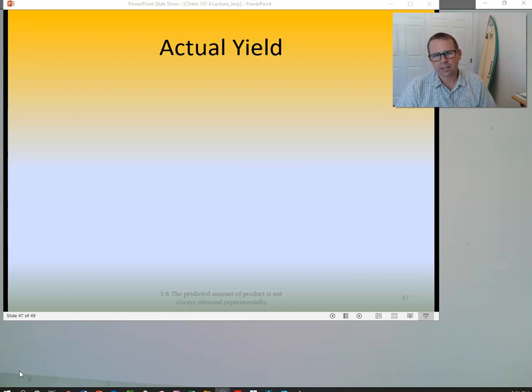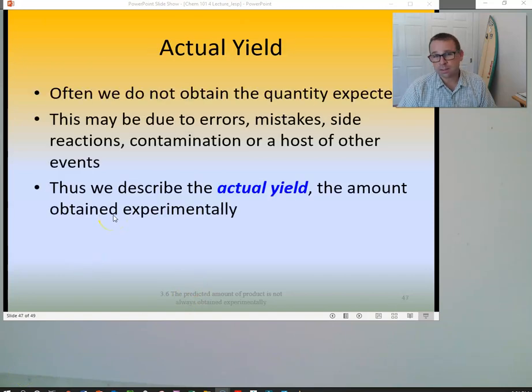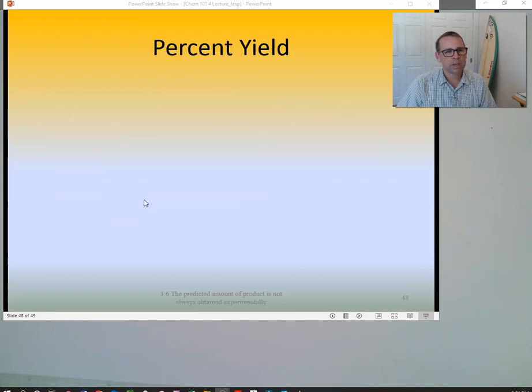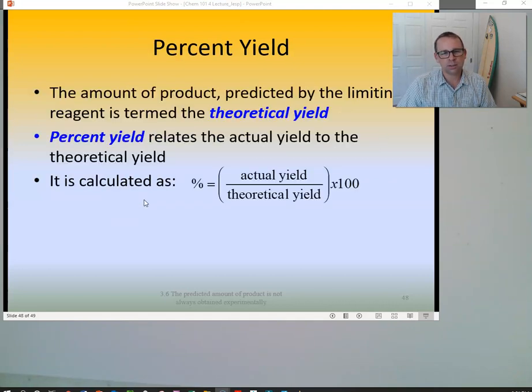So we have a lot of different things that can change what we call our actual yield, all right? So the actual yield is what we get, whereas the theoretical yield is how much we were thinking we should have been able to get. And then our percent yield is our actual yield divided by the theoretical yield times 100.